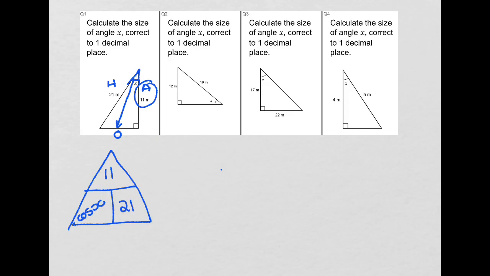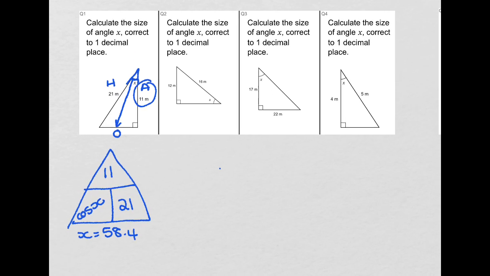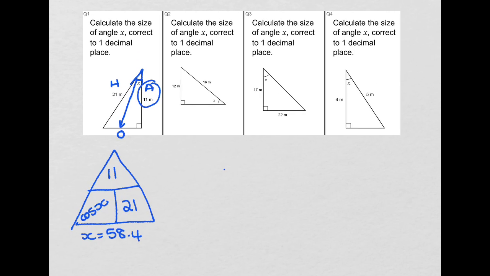Because this is a cos question, you're going to go shift, cos equals, and you should get that angle to be 58.4. All right, can you please try the next 3? So press pause, try these next 3 on your own. And when you're ready to press play, the answers will be on the board for you.